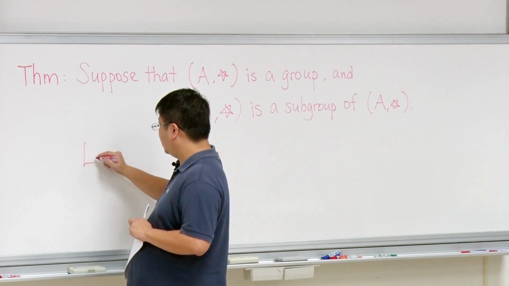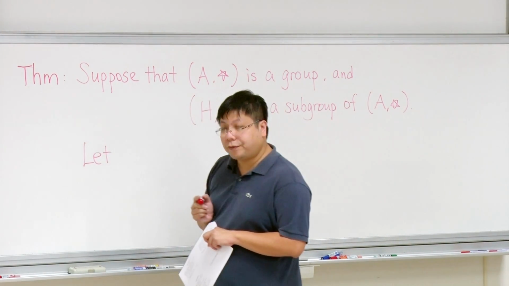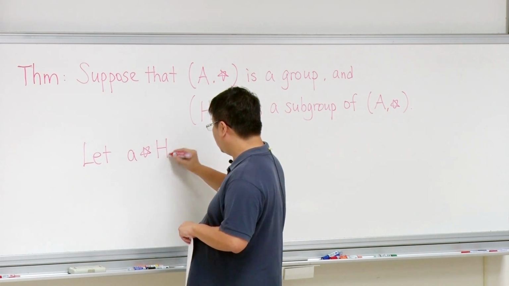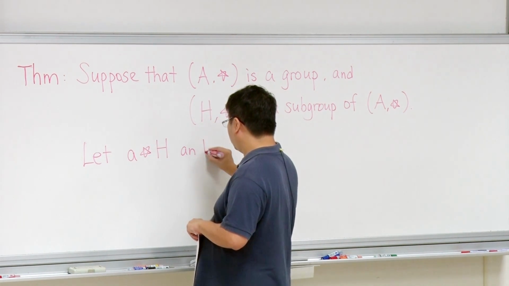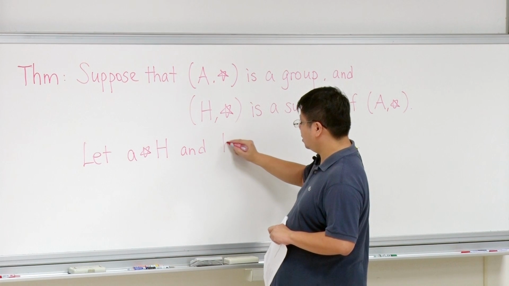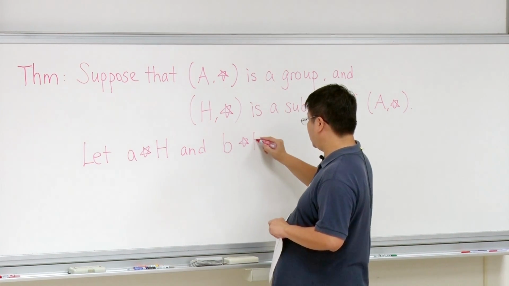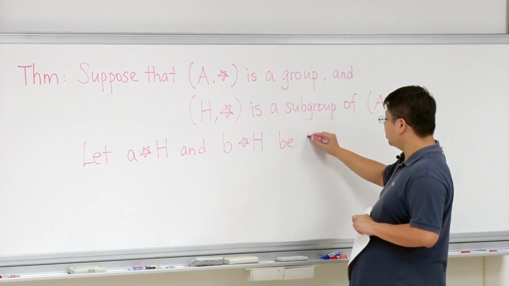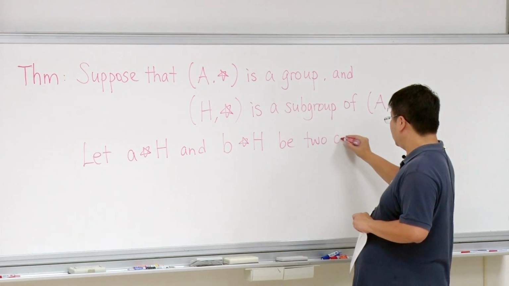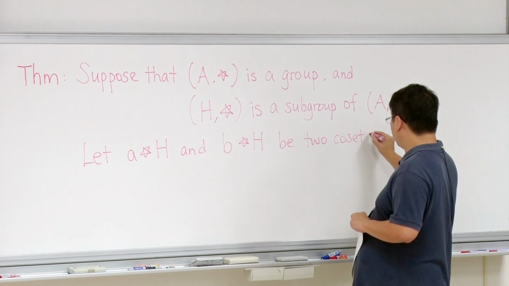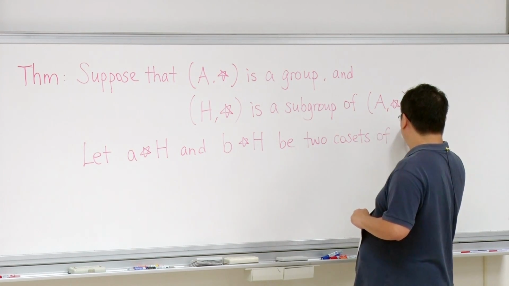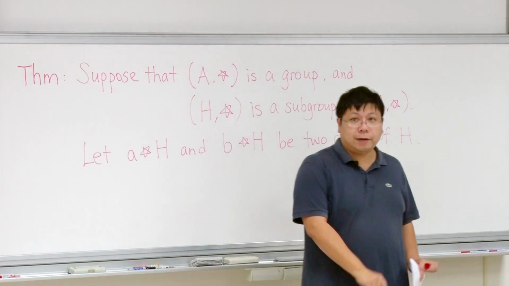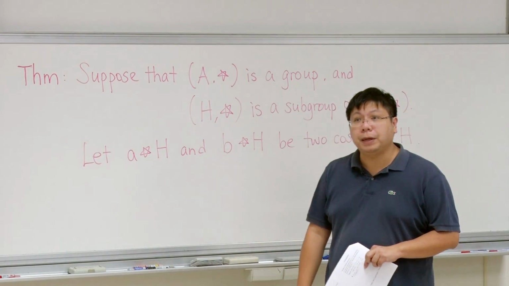Then if we look at two different cosets, let A star H and B star H be two cosets of H. So one is multiplying A on the left-hand side, and the other is multiplying B on the left-hand side.